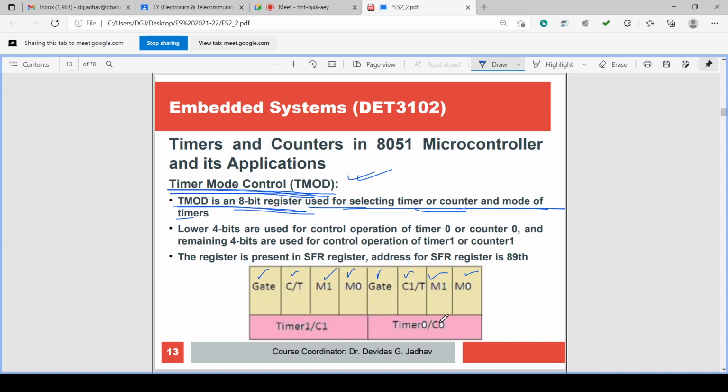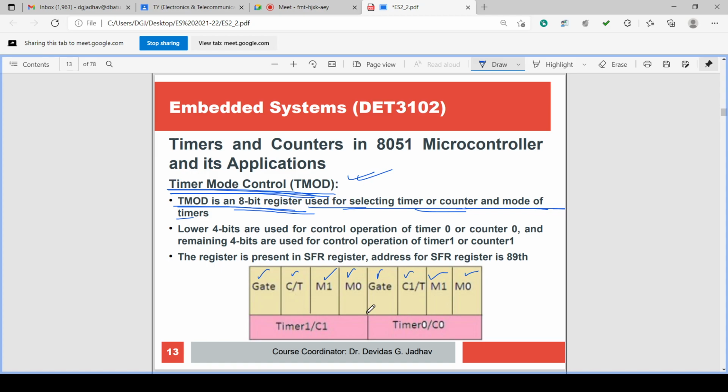One nibble is for control operation of timer 0, another is for control operation of timer 1.